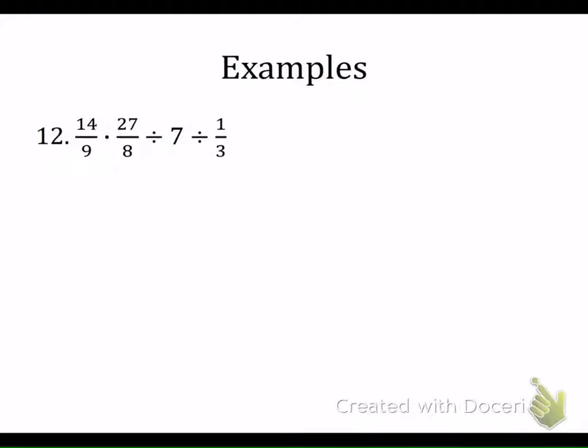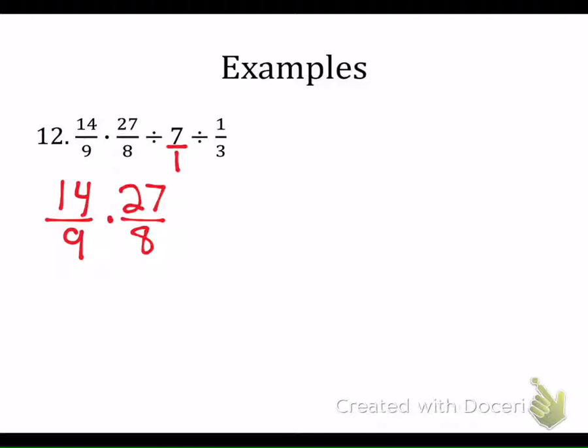Where do you want to start? Make that 7 and a 7 is a fraction. Very good. So what should you do? Good. So the 14 over 9 is fine.